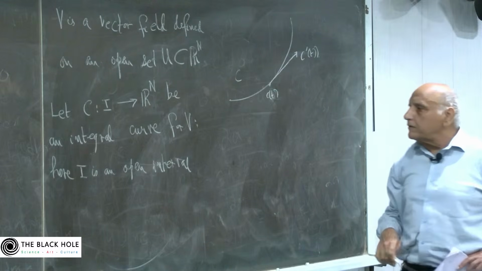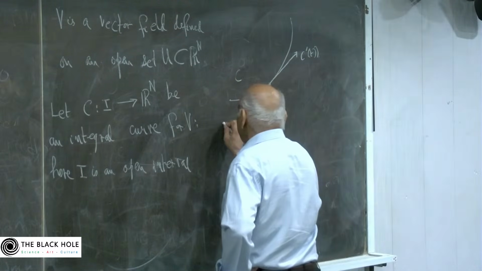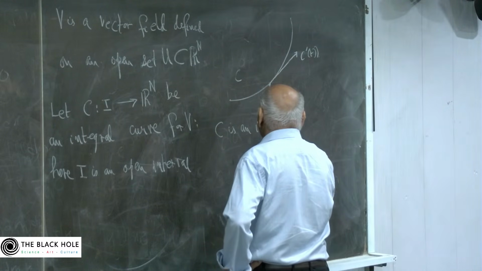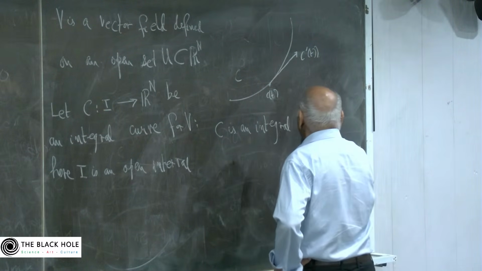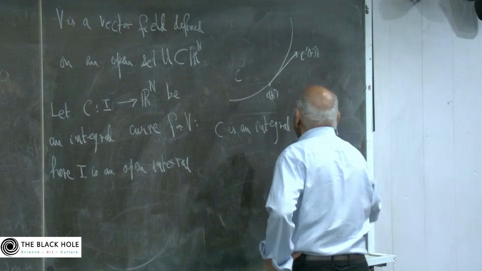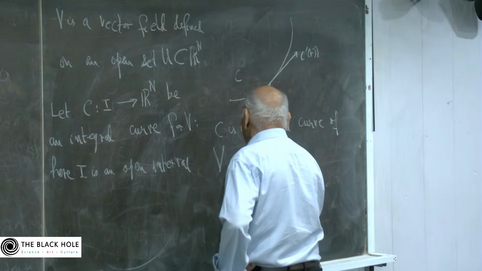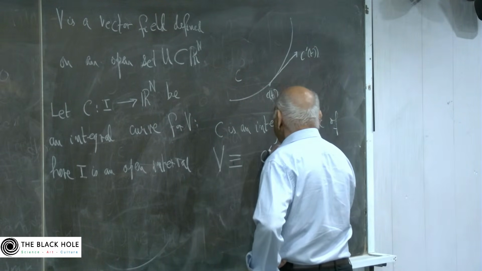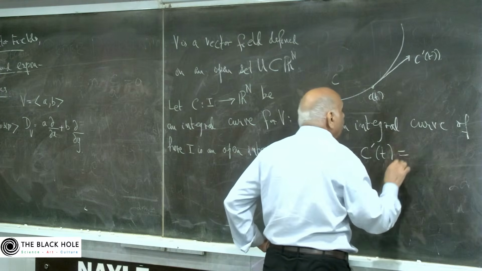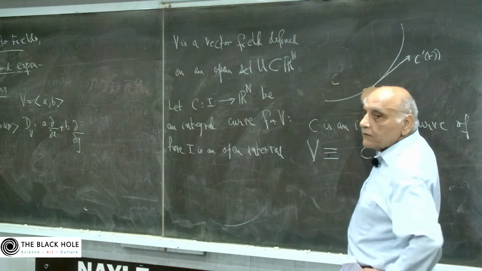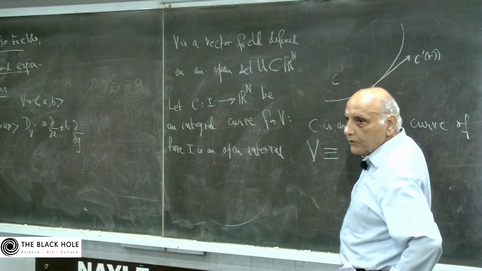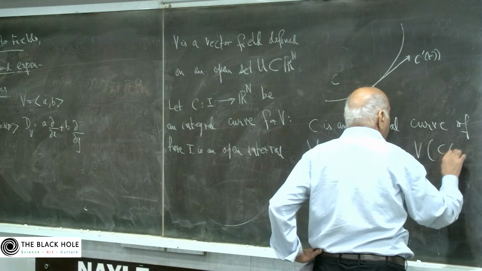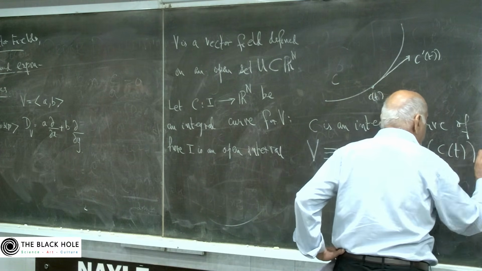And to say that c is an integral curve of V, by definition, is the same as saying that c prime of t is, on the other hand, we have the vector field here, so we can talk about the value of the vector field at the point c(t). So c prime of t is equal to V of c(t) for all t in I.